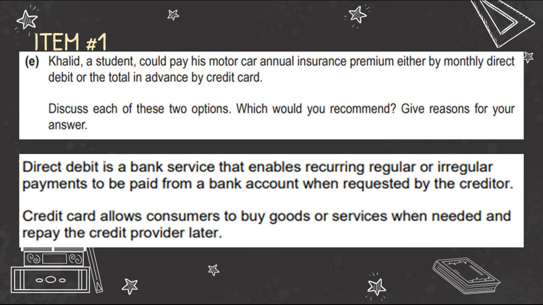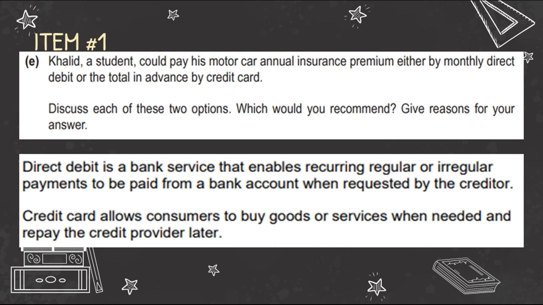We're talking about the insurance premium. It's either by direct debit or paying the total in advance by credit card. So you should discuss the two options, okay? And you need to give your own recommendation.